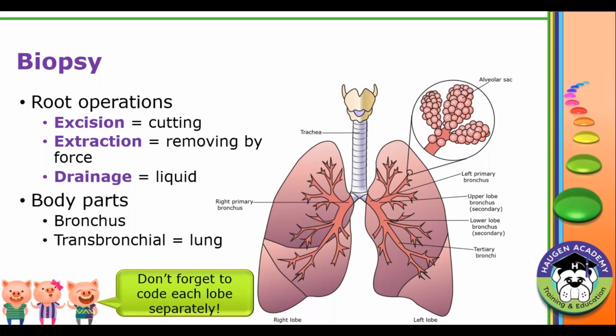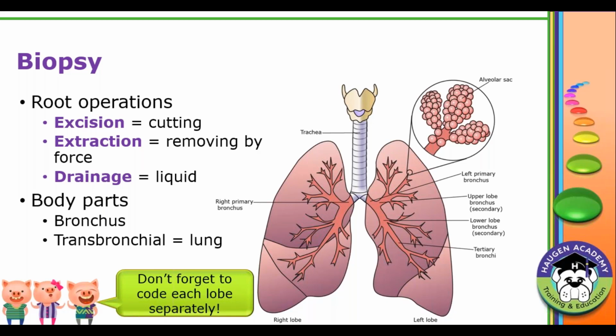Extraction is removal by force, which I always thought that definition sounded very traumatic and dramatic, but when we look at some of the brushings and the other types of biopsies that are available, you can kind of see why it's not coding as an excision. And then finally, drainage, which would involve removing liquid.